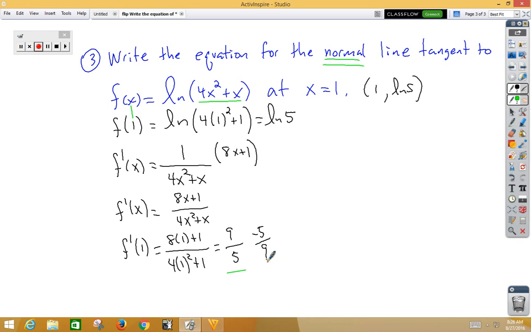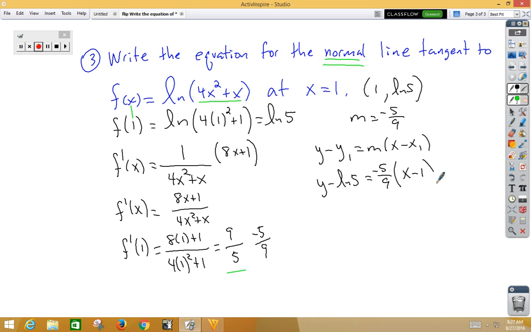That's our slope, negative 5/9. Again, let's plug that into point slope form, giving us y minus the natural log of 5 equal to negative 5/9 times x minus 1.